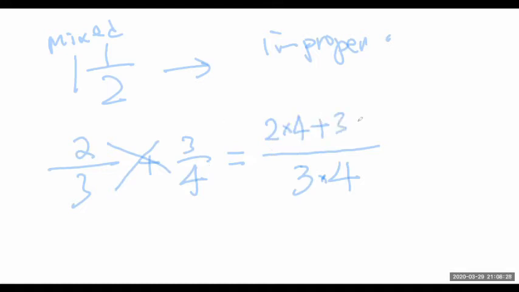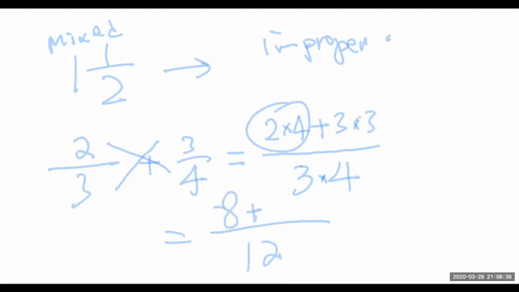So the bottom is 12, this is 8, this is 9. So what do we have? 17 over 12, right? Good, that's how we add fractions.